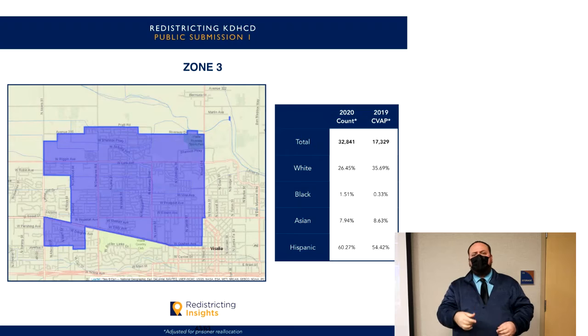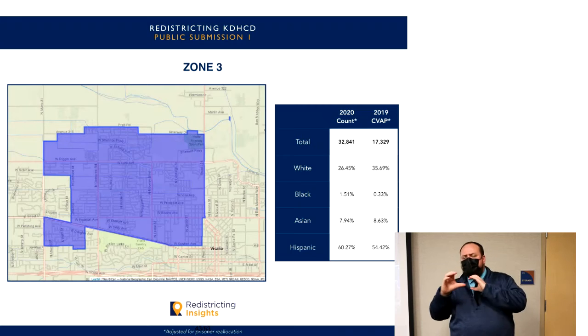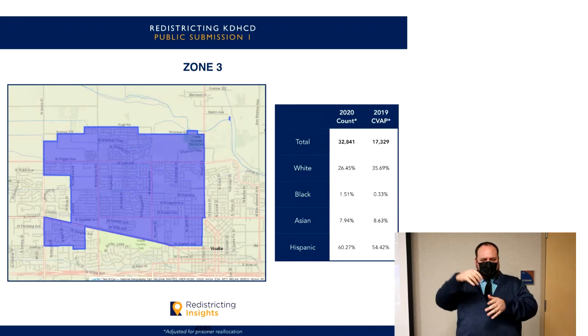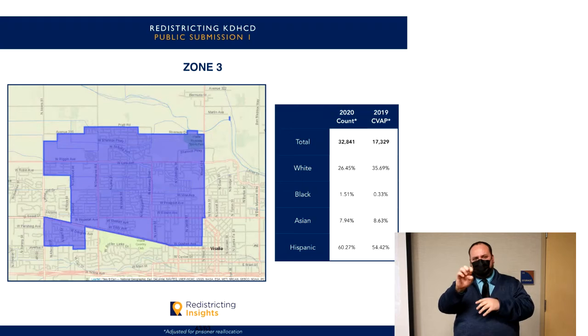So going back to that conversation, another one where you have 2 majority Hispanic and then 1 just on the edge there, 49.91%. Any questions or comments on this one? Or actually, Angel is here, and so he'll be able to answer any questions or comments. So I'll just move on to public submission 2.